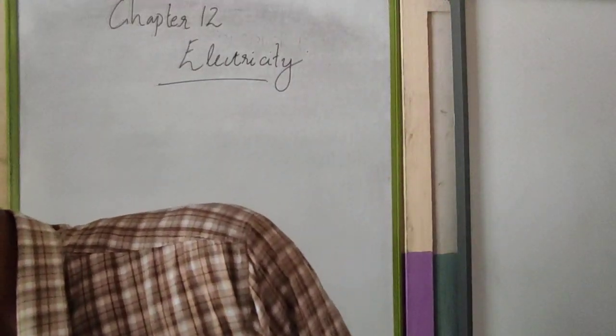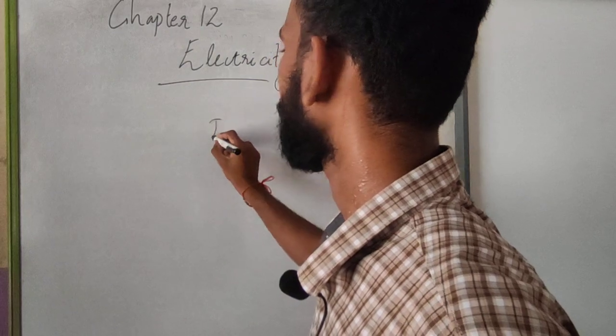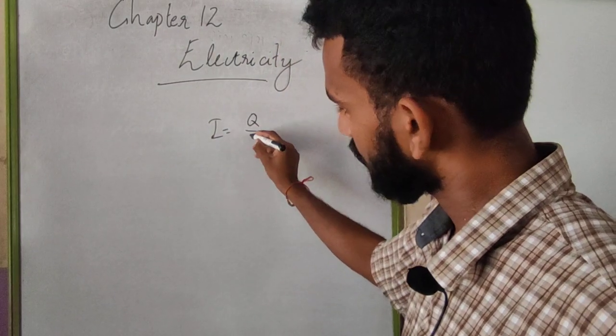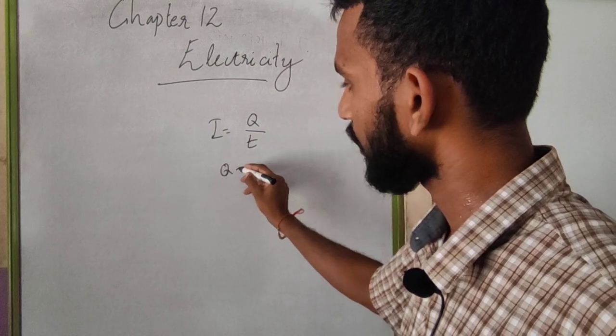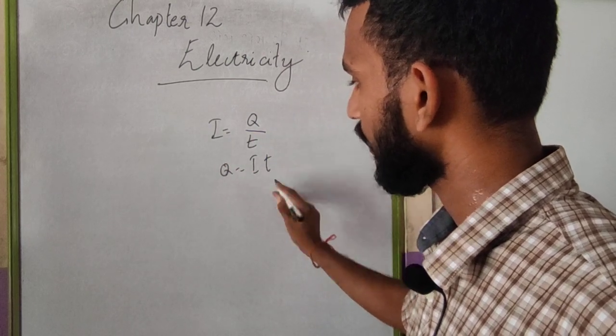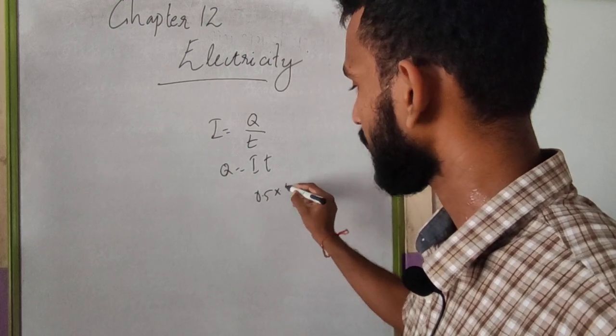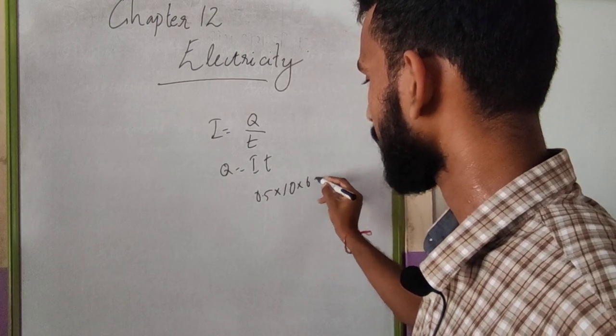So as we know, I is equal to Q divided by T. So Q will be equal to I into T, where I is equal to 0.5 and T is equal to 10 into 60.